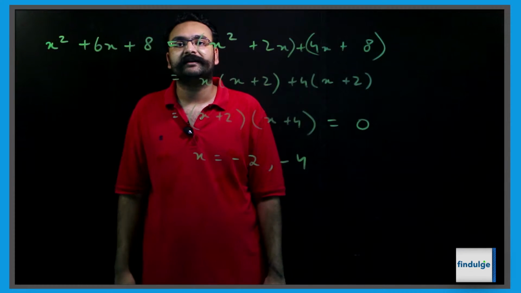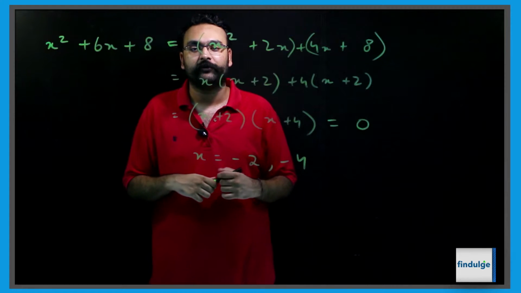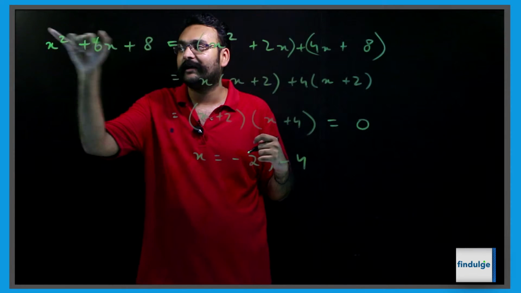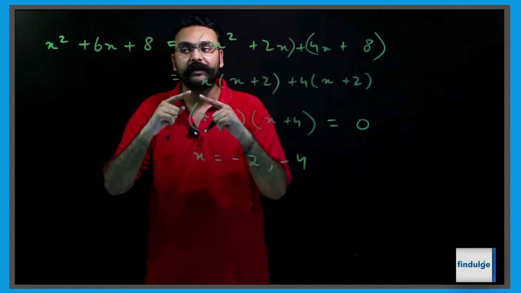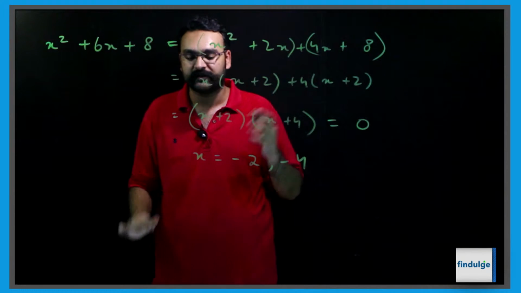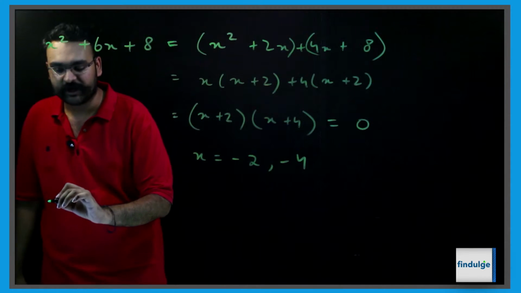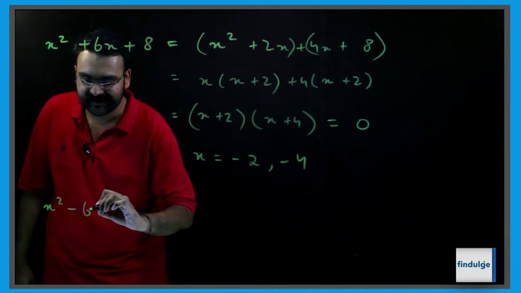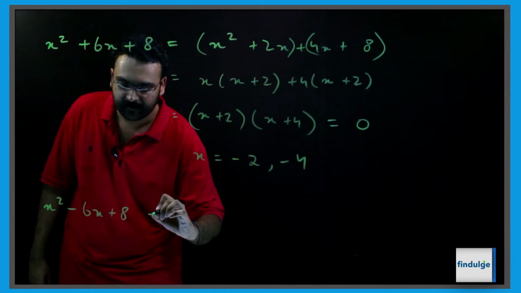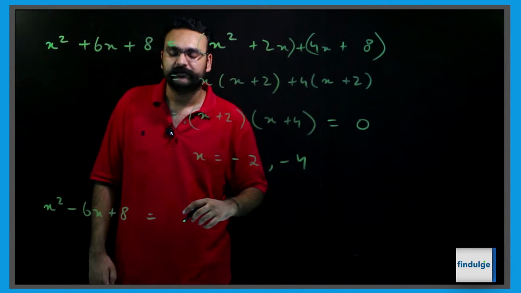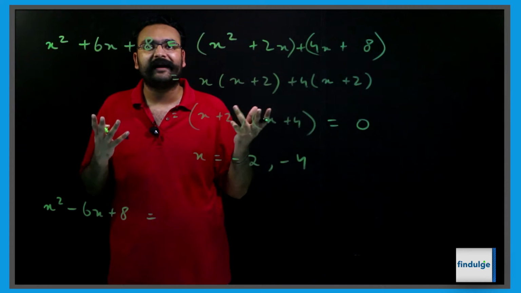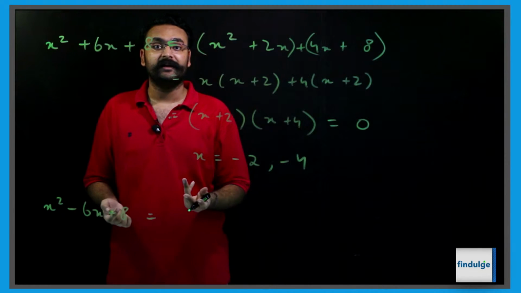Depending on what your factors are, you will have to figure it out, using both the product of c and the coefficient of x square, as well as your coefficient of x. For example, if I simply change this to being x square minus 6x plus 8, you might wonder, 8 has positive factors. Not necessarily.